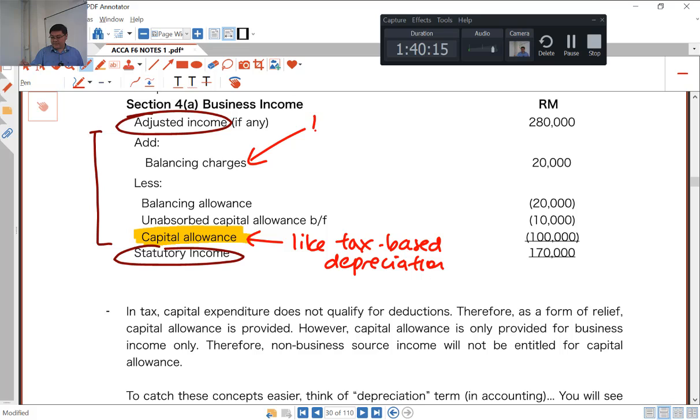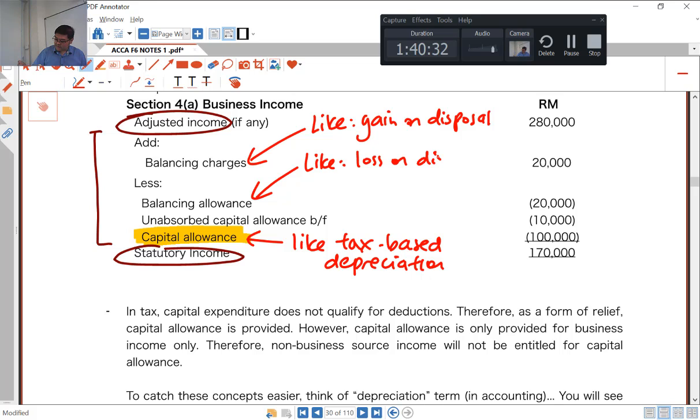This is just like a gain on disposal, but with a different formula. And balancing allowance is like a loss on disposal, but you have to follow the sequence, which is to add the balancing charge first.